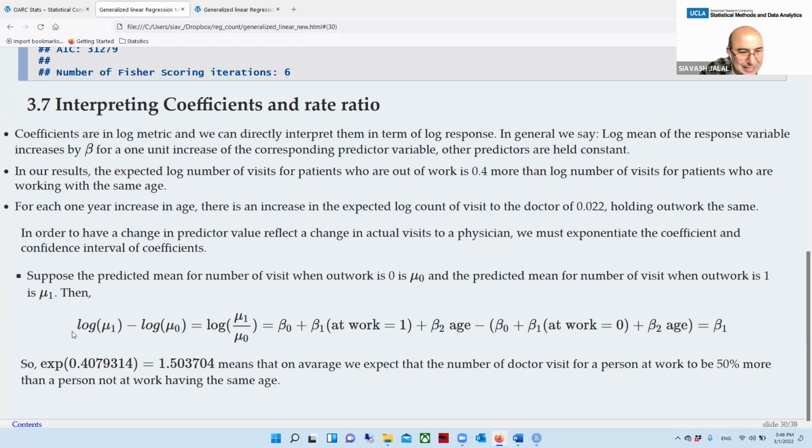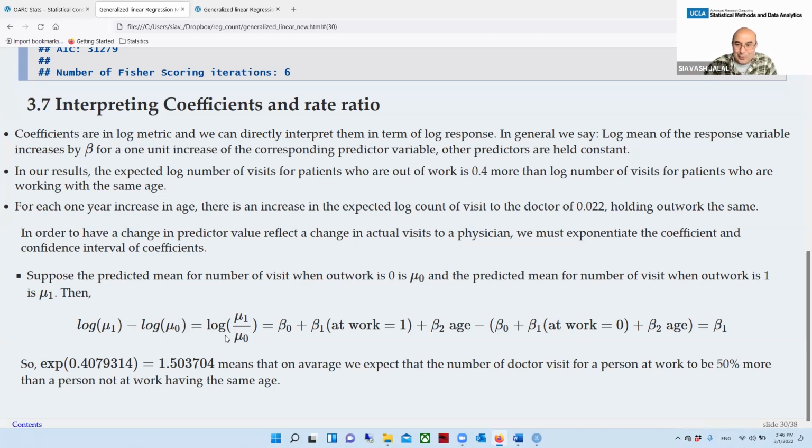This coefficient is the log of the mean for at work minus the log of the mean for not at work. If we use that log property that we saw before, we get the log of mu1 divided by mu0, right?